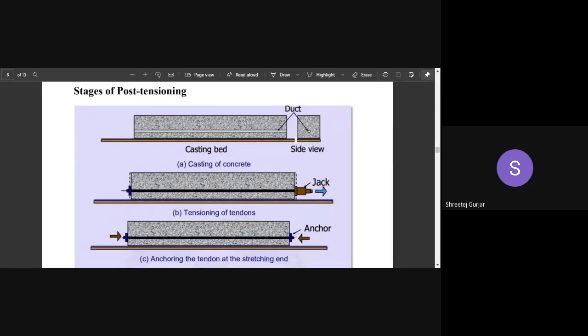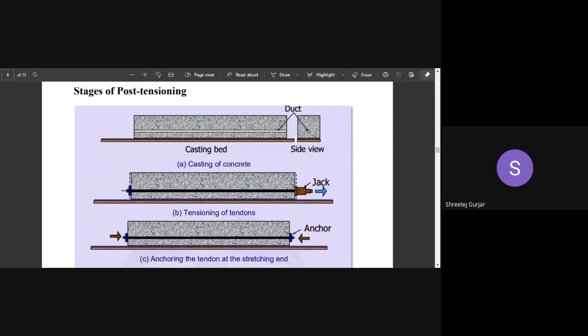They are four in number, and we will study all four of them. So first, a few details of post-tensioning.